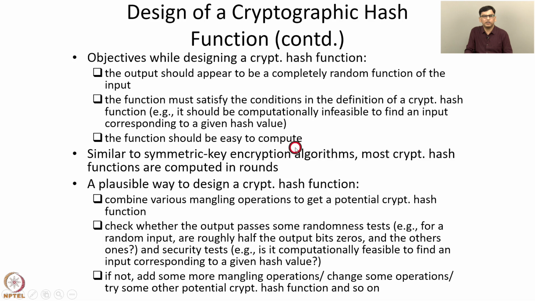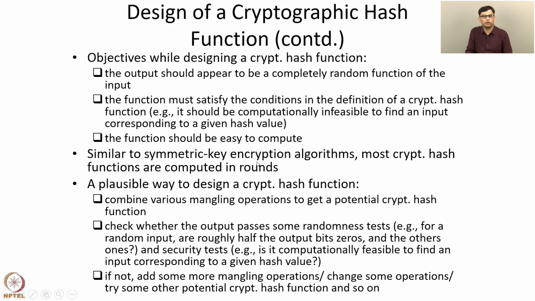So several designers tried out various mangling operations and they ran the security tests and randomness tests on different potential cryptographic hash functions. And the design of SHA-1 that we discussed in the previous few slides, that is one function which was found to work. That is, it satisfies randomness tests and security tests. So that is one choice which is found to work.